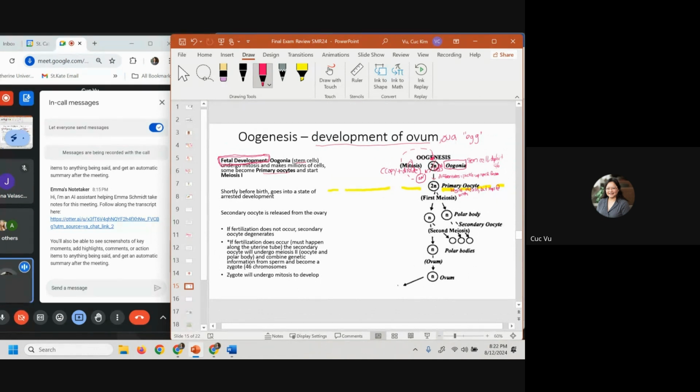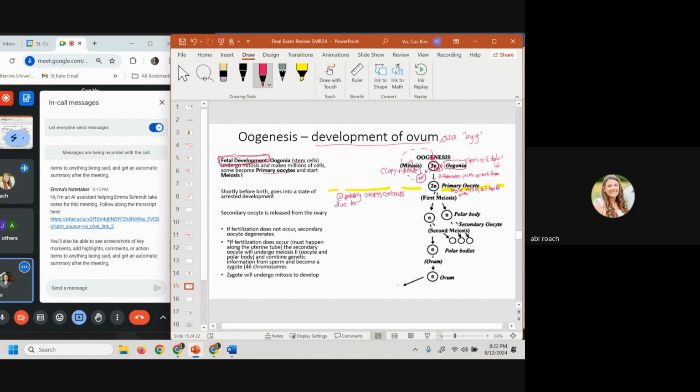Now, it's going to start up again at what period of time in that girl's life? Puberty. Yes. So at puberty, this process continues. Why? What's released at puberty? Hormones. Yeah, what hormones?